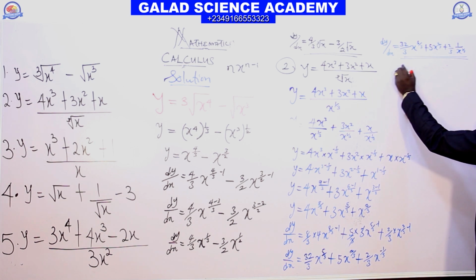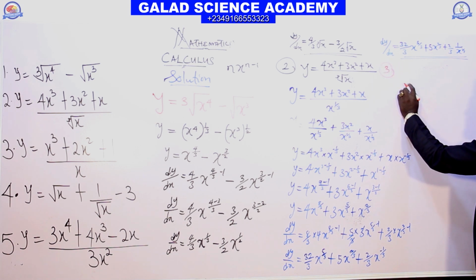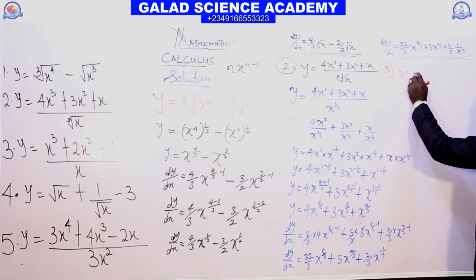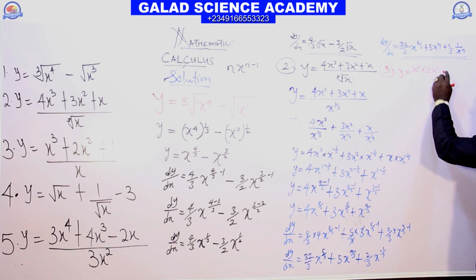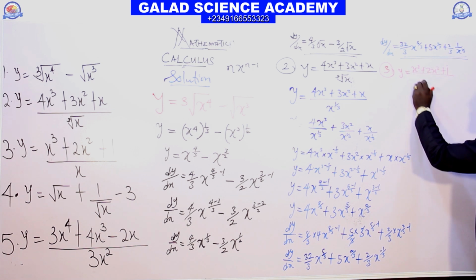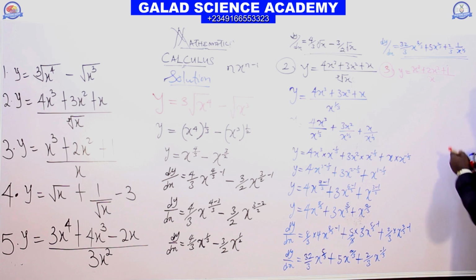The third one, we are given that y is x exponential 3 plus 2x squared plus 1, everything over x. So you will now divide everything by x.